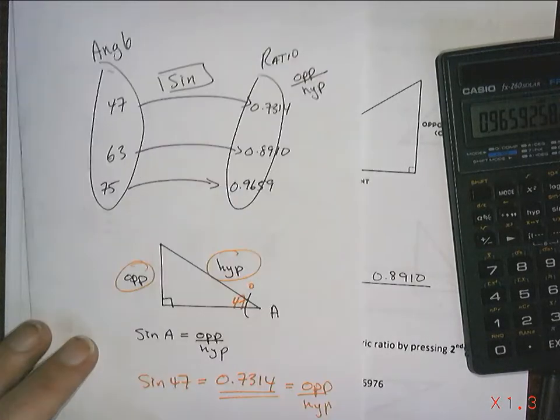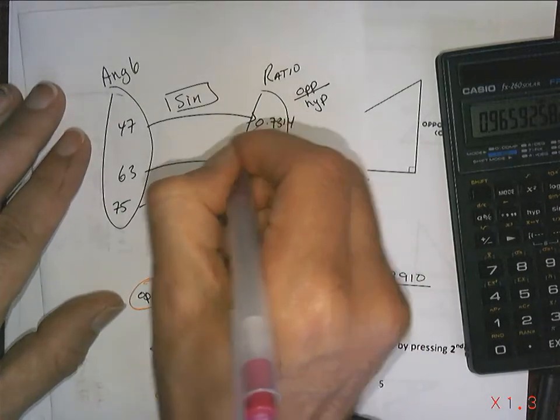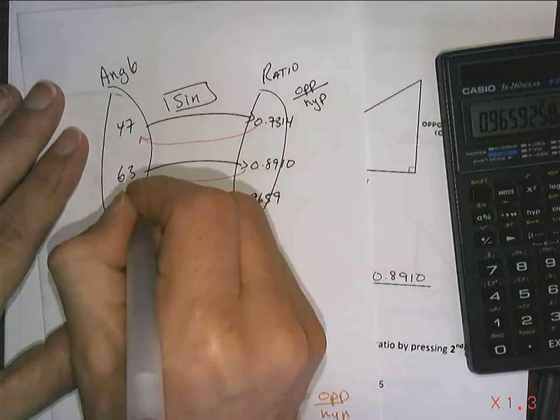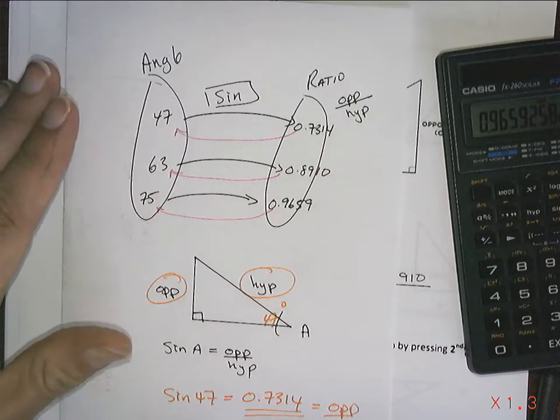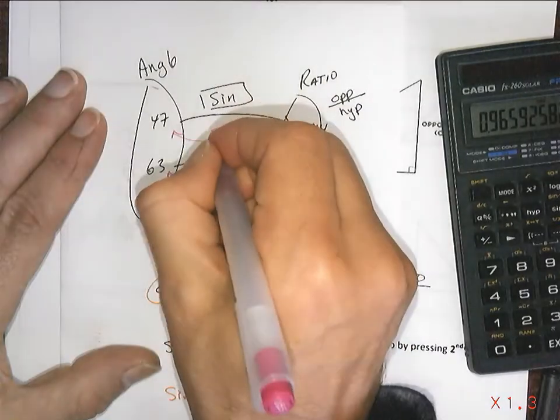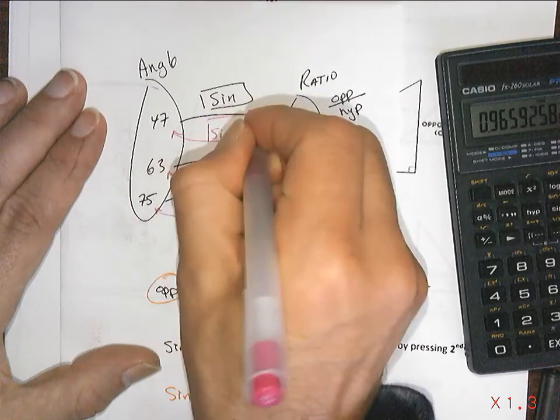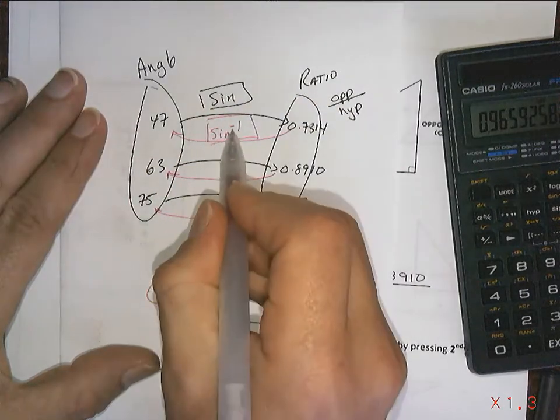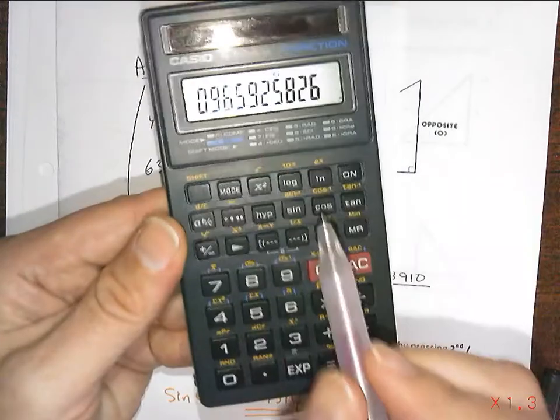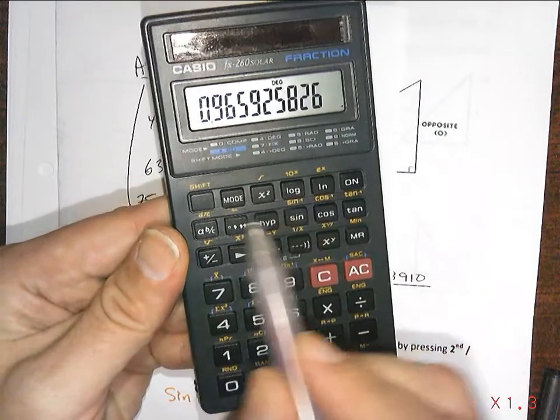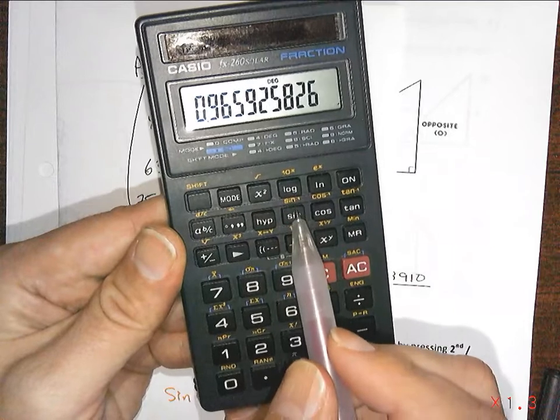Now, what happens if I want to go the other way? What if I want to take the side length ratio back to the angle that made it? Well, what you do is you need something called the inverse operation, which is sine with a little -1 at the top of it. It's not an exponent. Here it is on my calculator. I have to hit shift sine to get it.